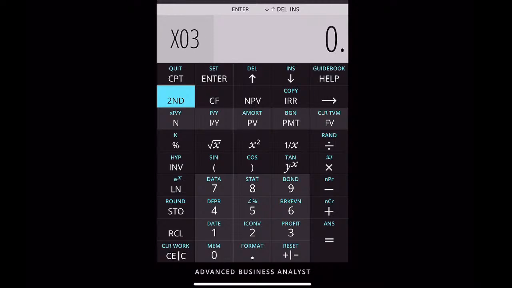So then for the third value, 35, enter, down, down.